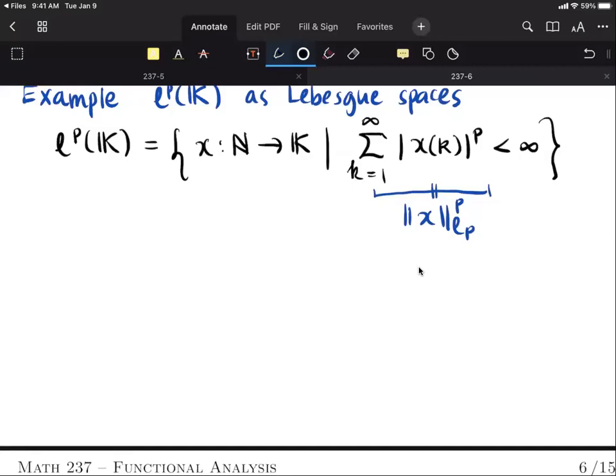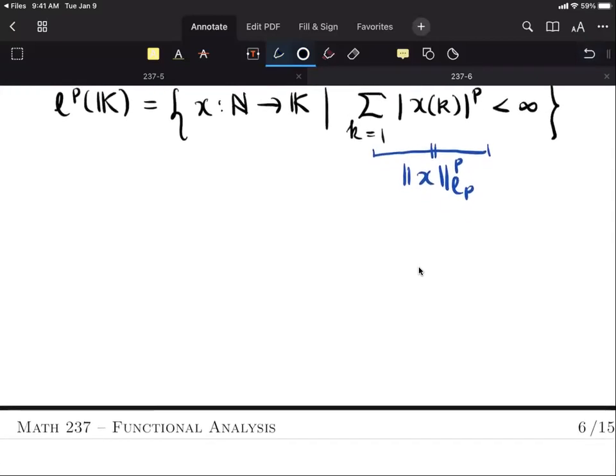So to do that, let us assign: this is your X and this is your Y. We need to put a measure on N. So for that, let us consider the counting measure space.